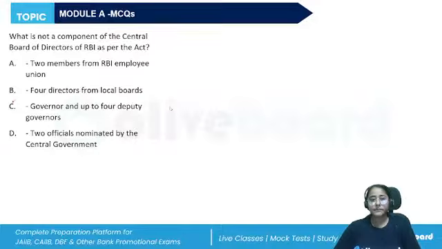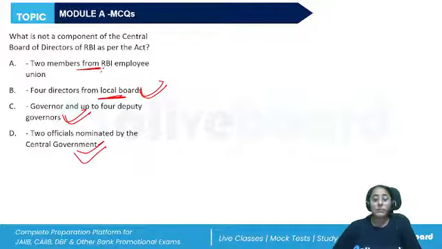Yes, the central board of directors. Let us once again write it down. So yes, it will include a governor and up to four deputy governors, then four directors that are nominated by the central government, one from each of the local boards, then two government officials, which are again nominated by the central government.